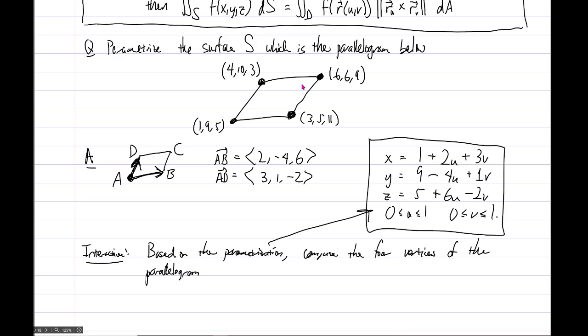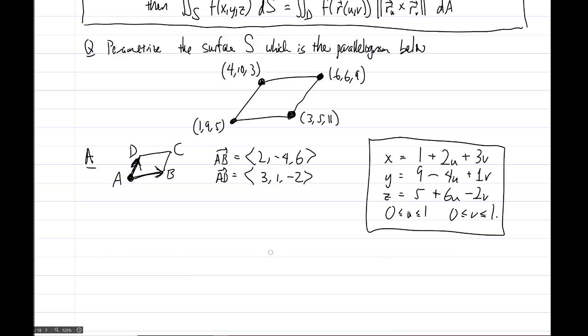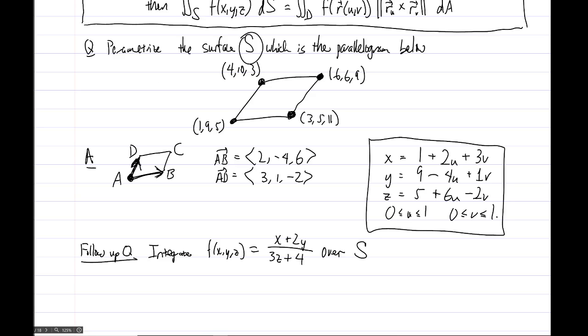Okay, as a follow-up question, based on the parameterization we have above, I'd like to integrate f of x, y, z equals the fraction x plus 2y over 3z plus 4, over the capital S that we had in the previous question.